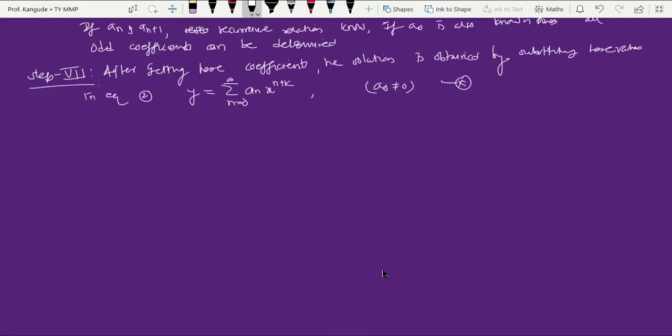Now whether this particular equation has one solution, two solutions, whatever number of possible solutions, that depends upon the following thing: the existence of two solutions and their linear independence.